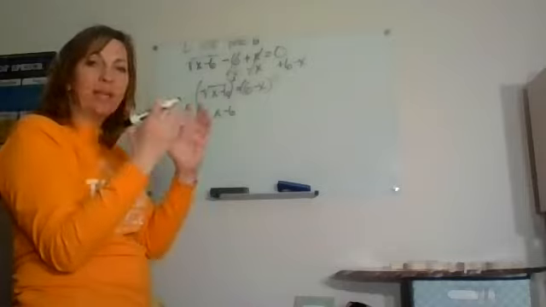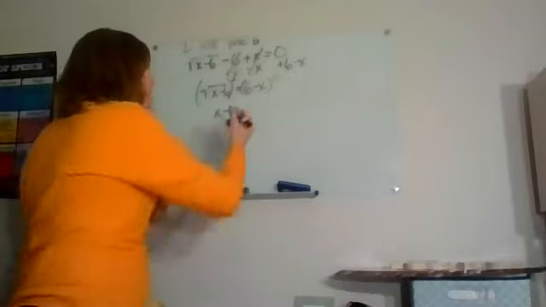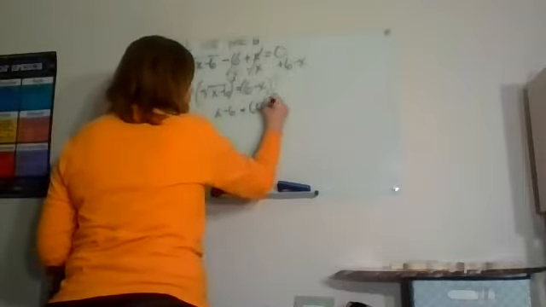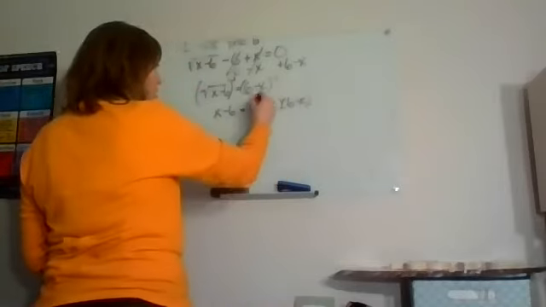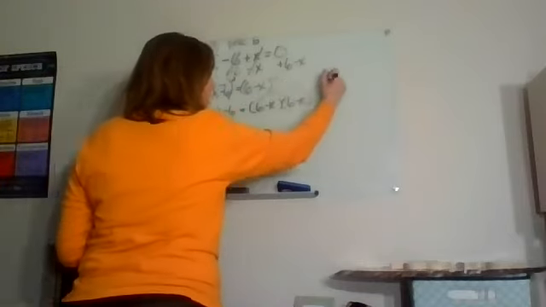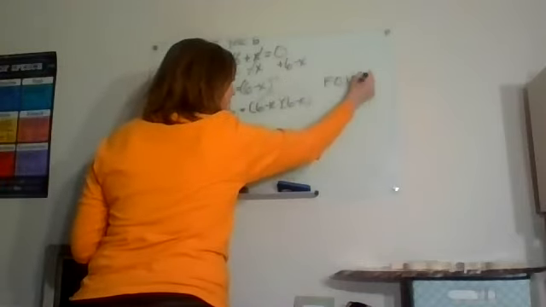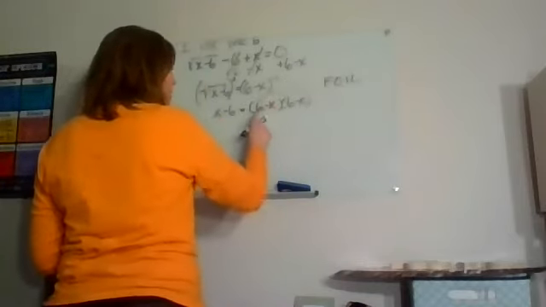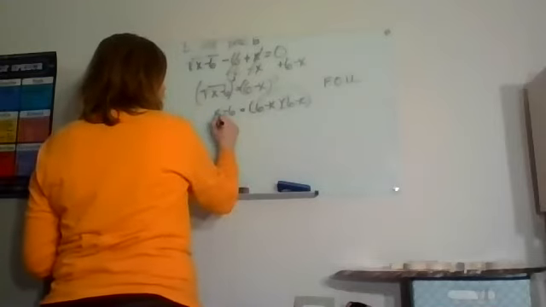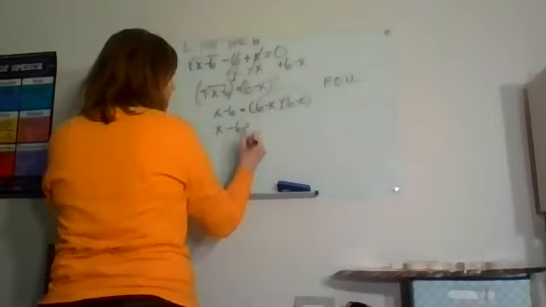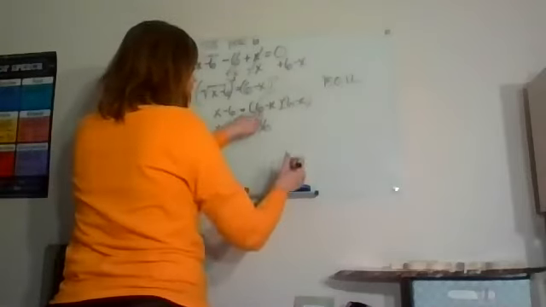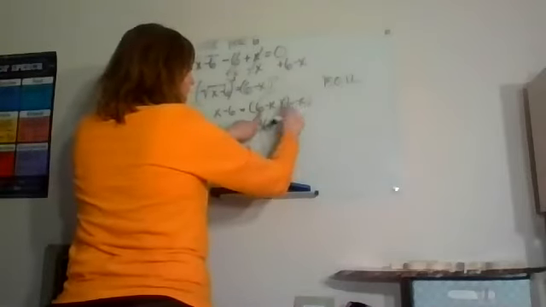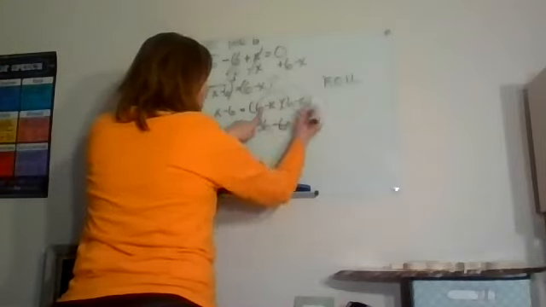So if I have a parentheses and I'm squaring what's inside of it, I'm really saying 6 minus x times 6 minus x. So what do I have to do? I have to FOIL it first, outer, inner, and last, right? So I take 6 and distribute to both. So let's rewrite this. x minus 6 equals 6 times 6 is 36. That's my first. Outer would be negative x times 6, so negative 6x.